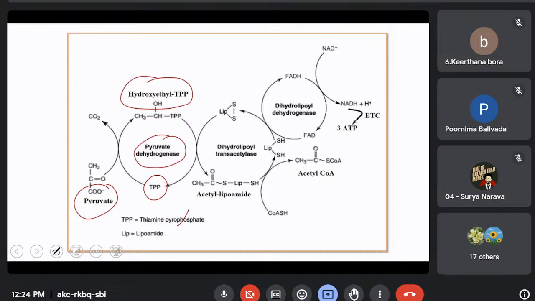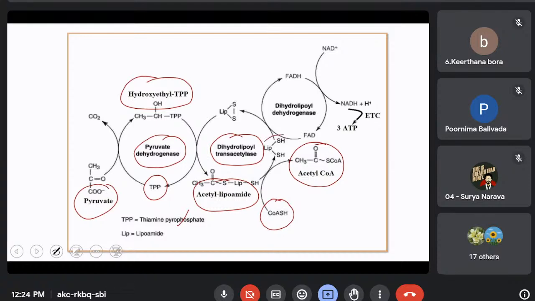And this hydroxyethyl thymine pyrophosphate is converted to acetyl lipoamide in the presence of dihydrolipoyl transacetylase. Okay. And the dihydrolipoyl transacetylase transfers the acetyl group to the coenzyme A, so that acetyl coenzyme A is produced.